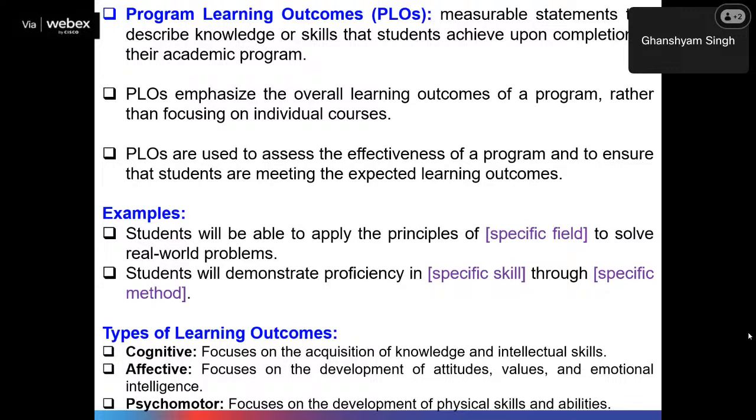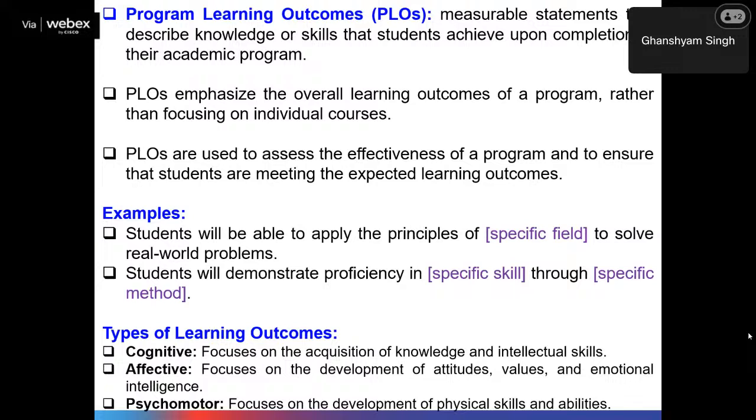These PLOs emphasize the overall learning outcomes of a program rather than focusing on individual courses. In a particular degree program there could be 40 or 50 courses, so usually PLOs are defined for a program, not for a particular course. PLOs are also used to assess the effectiveness of a program and to ensure that the students are meeting the expected learning outcomes.